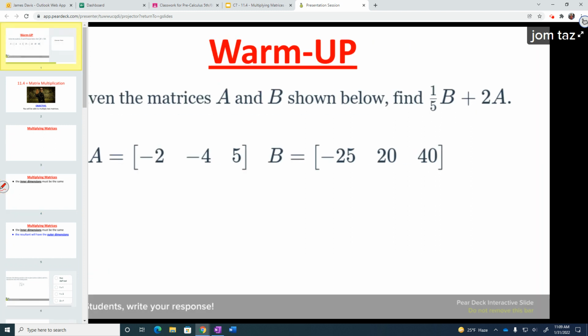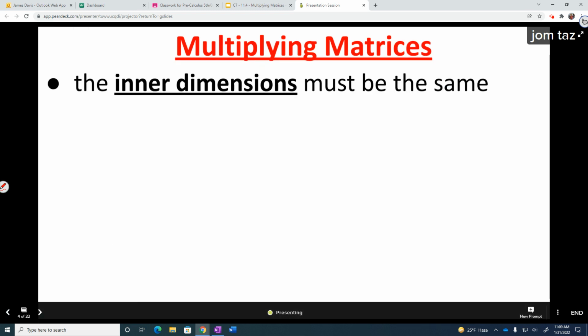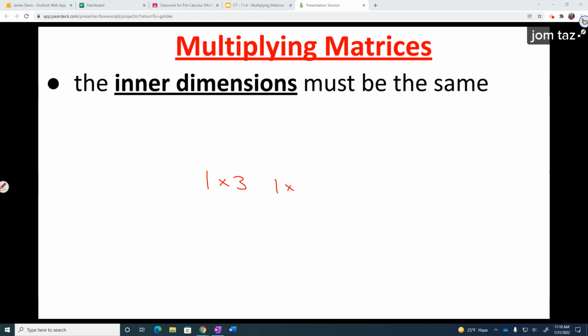Yeah, they're both 1x3s, right? So if I have a 1x3, then I'm going to multiply that by a 1x3. The inner dimensions are these two numbers in the middle here. It's important that you put them in the right order as well. Those must be the same. If they're not the same, this would be not defined.